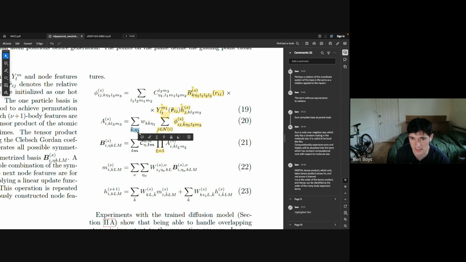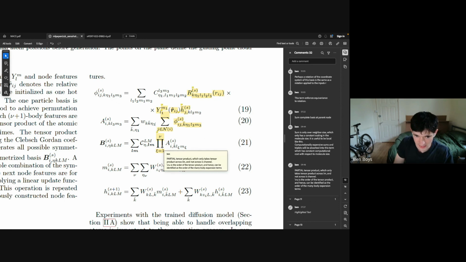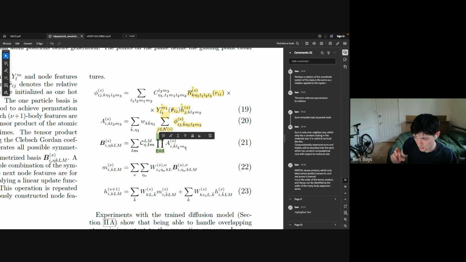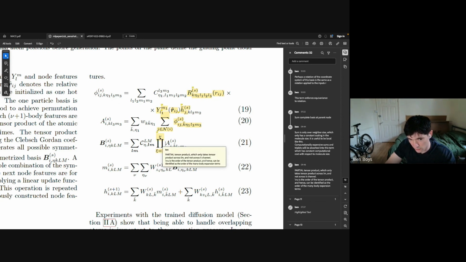But it's still going to have inside it all of the third order interactions, because in taking a sum over edges and then doing a tensor product over different channels, you get all the cross terms of the edges, which is going to give you in turn these third order, fourth order interactions depending on the order of mu here.